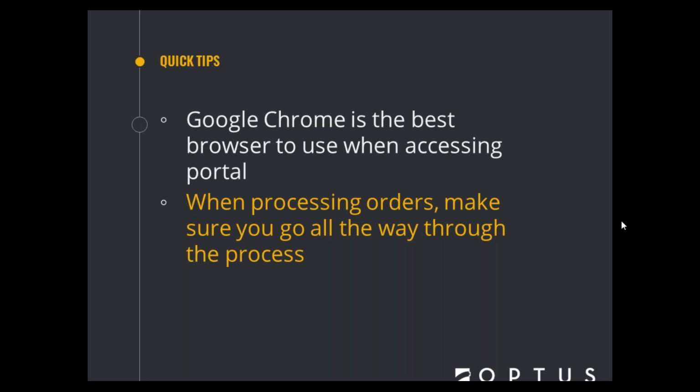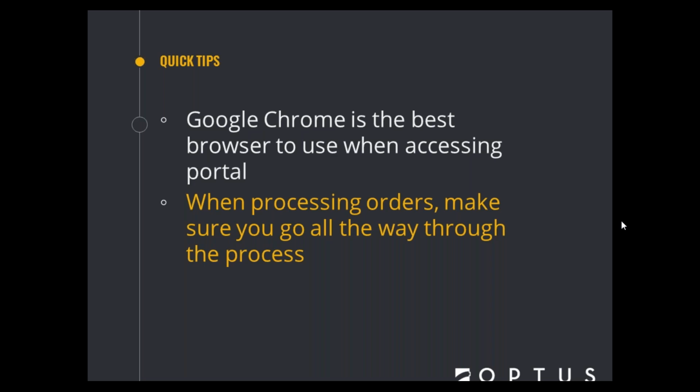So if you don't have it, you can go to google.com and type in Google Chrome. It's a free download for the browser. So I would suggest that if you don't have that, go ahead and download Google Chrome. It'll make the Optus Portal experience that much better.